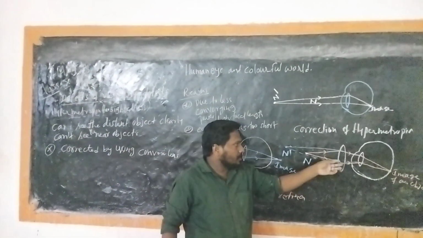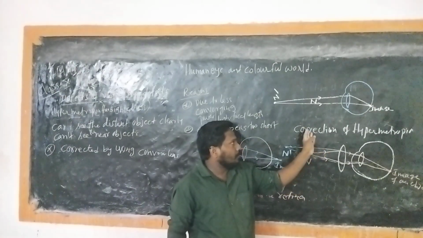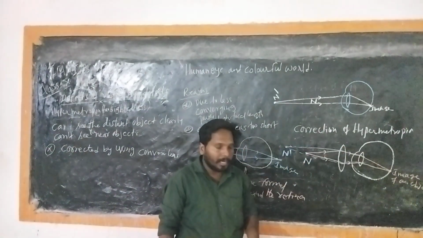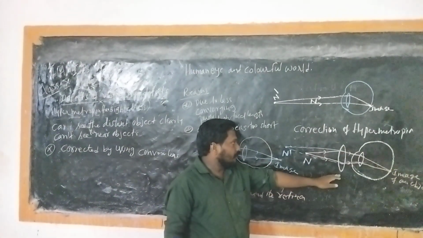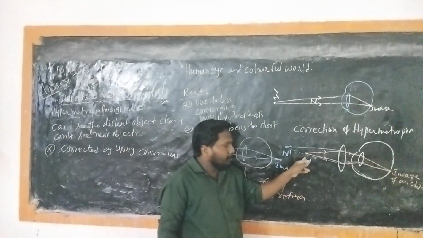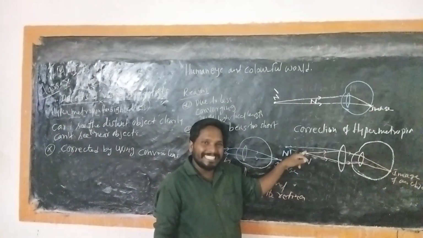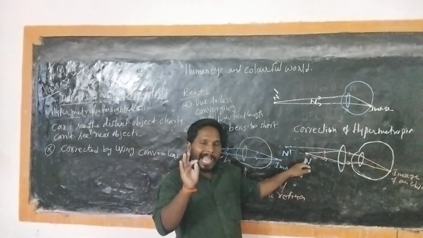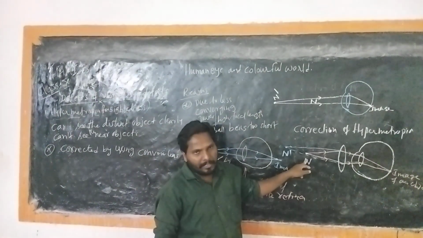So if we use a convex lens to rectify or correct hypermetropia, this convex lens forms the virtual image of the object which is placed at the point N, the actual near point of the eye.